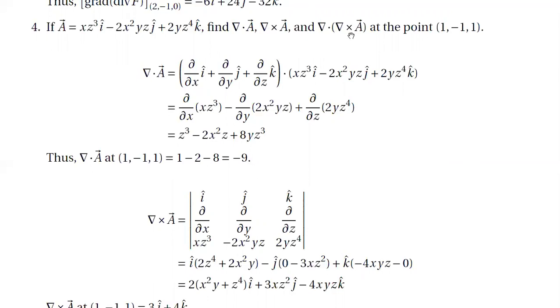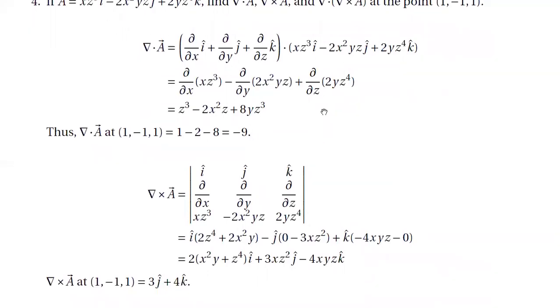Del dot del cross of vector A. We already know what is del cross of vector A, so this becomes curl of vector A. What is del dot of this term? Del denotes gradient, so this can also be called as gradient of curl of vector A.